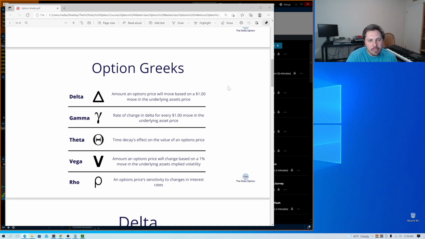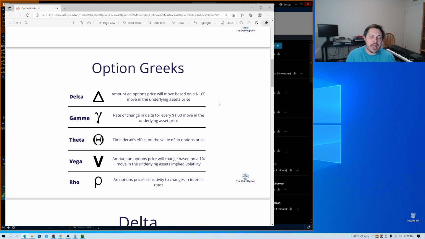Vega is the amount an option's price will change based on a 1% move in the underlying asset's implied volatility. So when markets start to become very volatile and they could have huge moves, huge swings in the prices, Vega is going to change the way this option responds to that 1% move in the implied volatility.